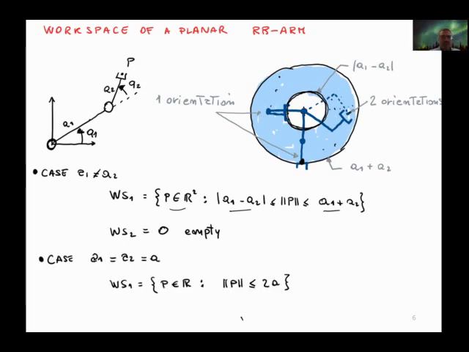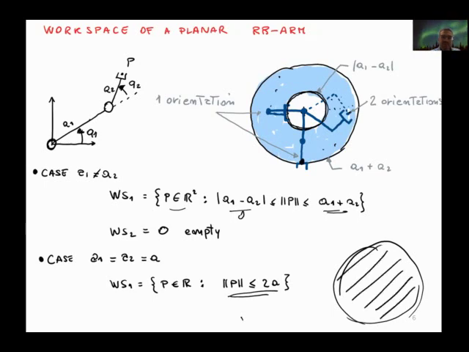In the case of equal lengths, we have that this becomes 0 and this becomes 2a. So this is the situation, and the workspace is a full circle.